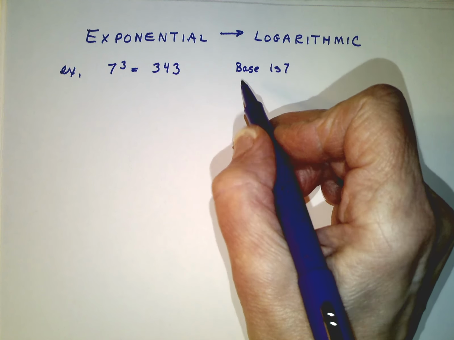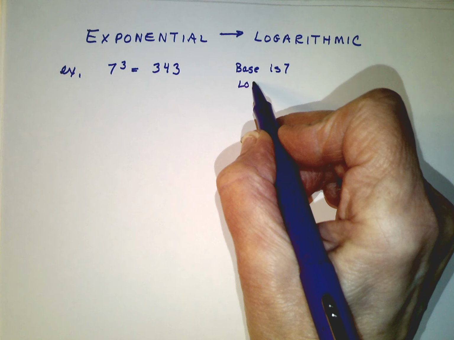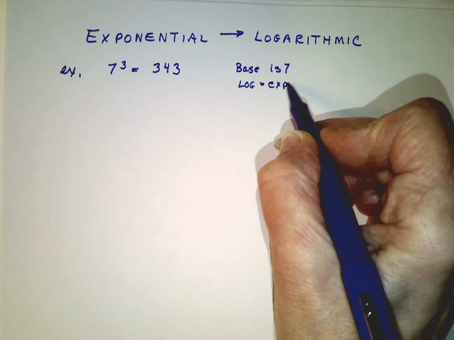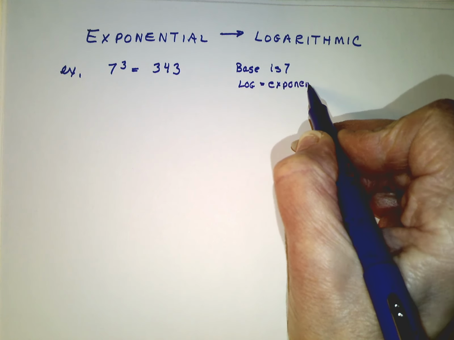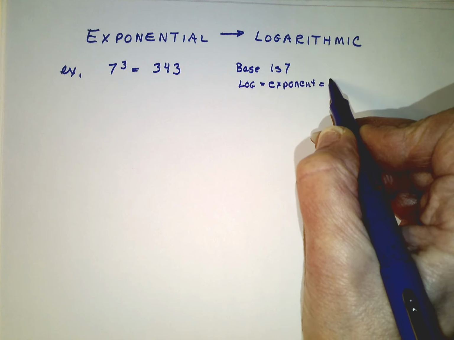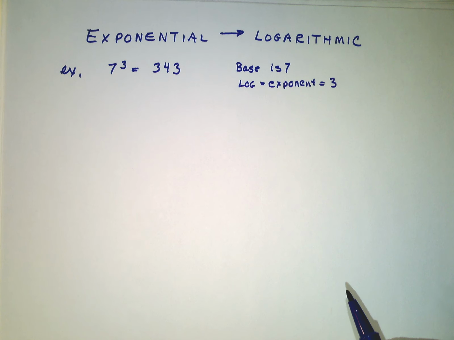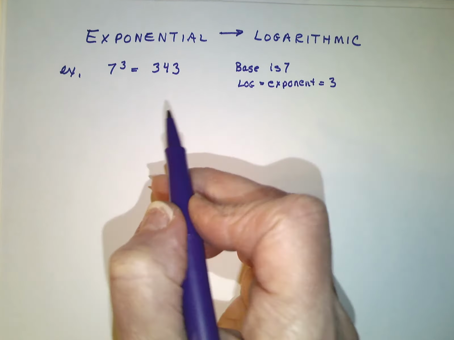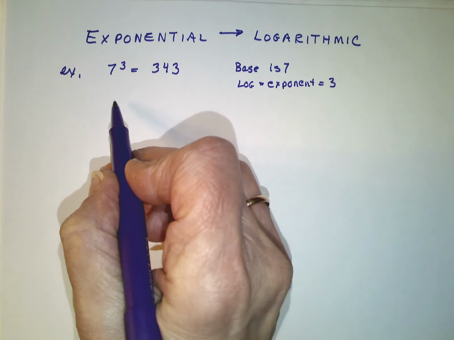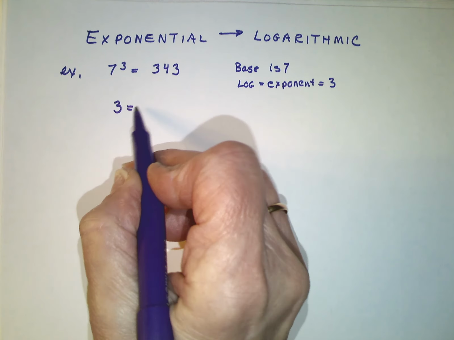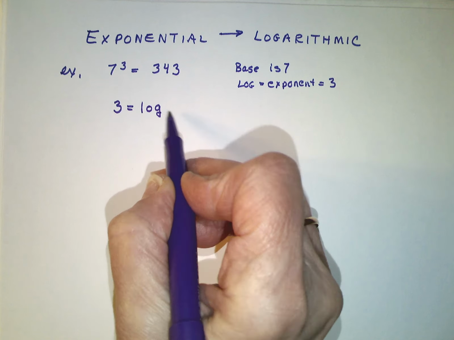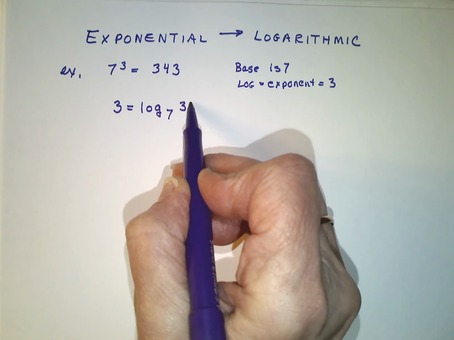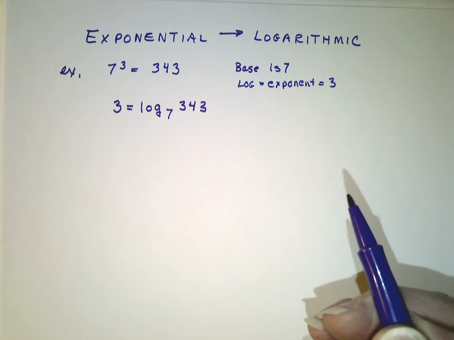We know that the log, which equals the exponent, equals 3. So we could write this as 3 is the exponent on base 7 to get 343.